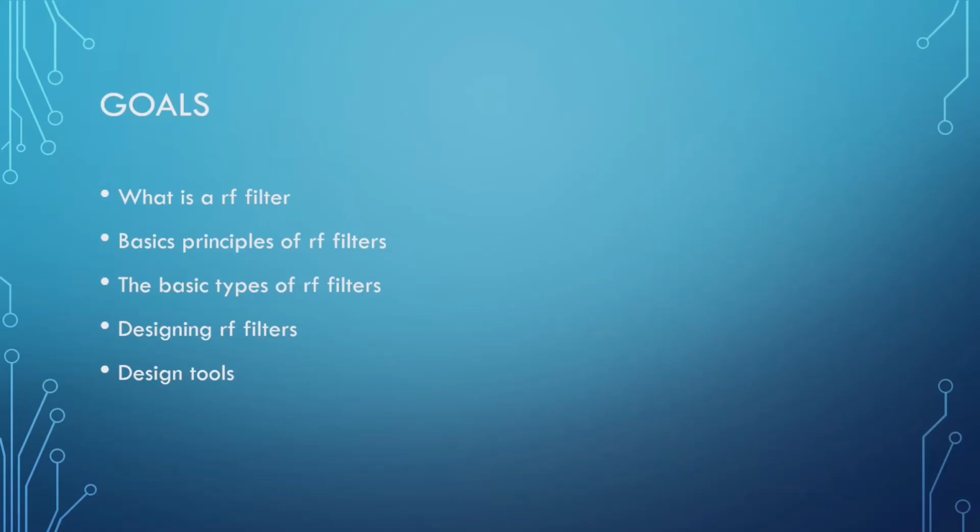All right. So our goals for this session: what is an RF filter. We're going to talk about the basic principles of RF filters, the basic types of RF filters, and then we're going to go into designing RF filters, and we'll talk about some design tools for RF filters.